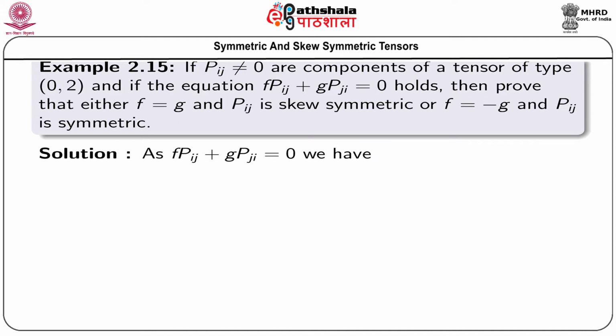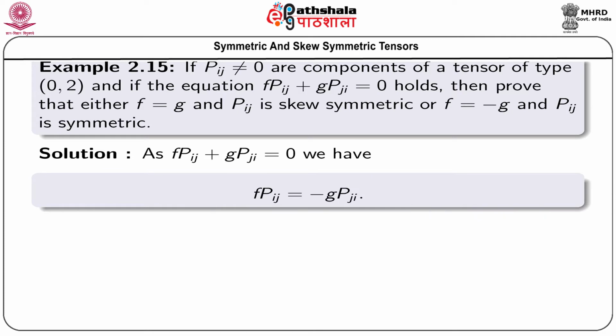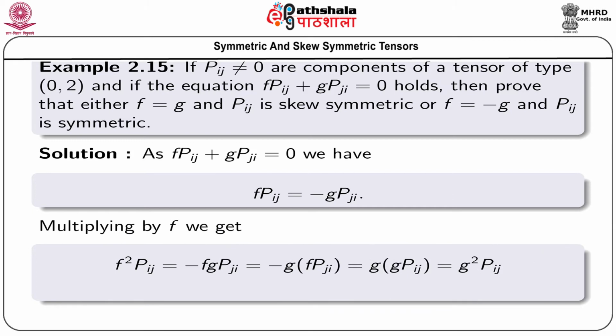Now, as f Pij plus g Pji equals 0 holds, we have f Pij equals minus g Pji, and multiplying by f we get, obviously we are taking f as non-zero, f square Pij equals minus f g Pji, or that can be written as g times f Pji, and in place of f Pji we put minus g Pij, that means g square Pij.